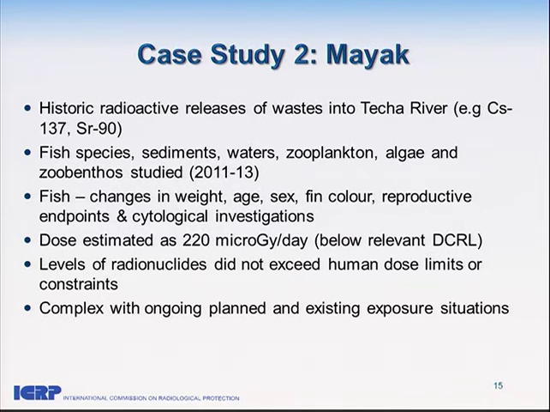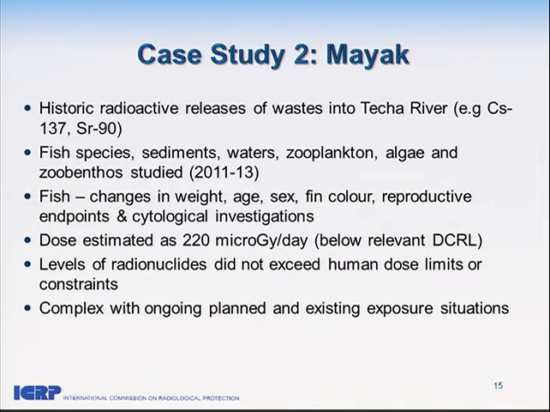Now, what's interesting about this particular site is that the fish, biota and so on that were examined, the aquatic invertebrates and so on, were all assessed in terms of their dose rates, but they were also investigated in terms of effects on things like weight, age, sex, etc., and also in terms of their reproductive endpoints.